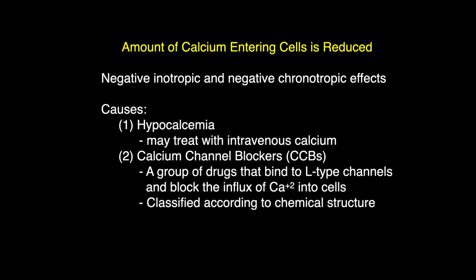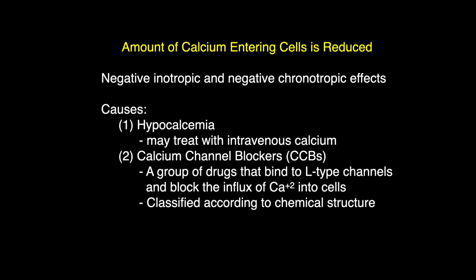There are a group of drugs known as calcium channel blockers that also reduce intracellular calcium levels. These drugs disrupt the movement of calcium through calcium channels. Calcium channel blockers also have negative inotropic and negative chronotropic effects. Why do you think calcium channel blockers are contraindicated in patients with heart failure?